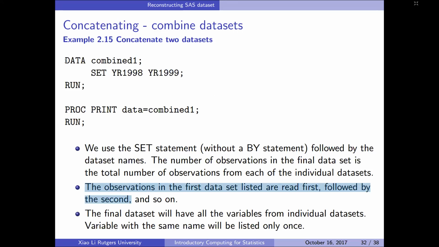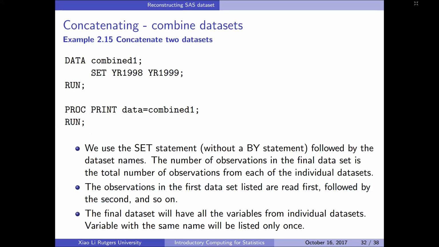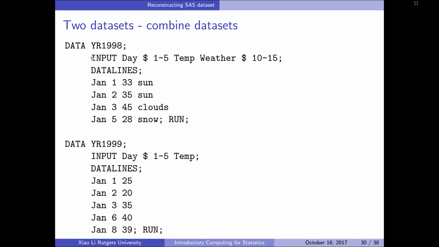So in the combined data set, where we simply write the set statement with the names of the two data sets to be combined, we will have 9 observations but with 3 variables. Here, the variable names are the same as the year 1998 data set.